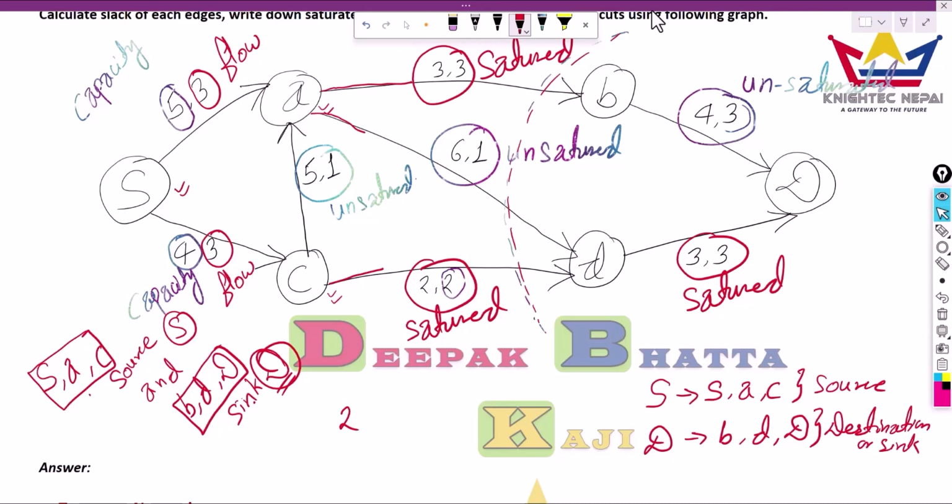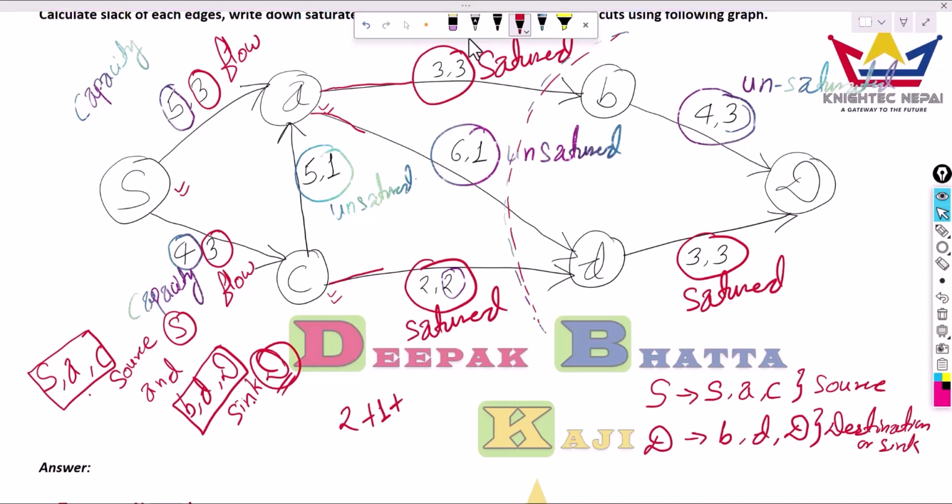So 2 plus 1, and observe this value, the flow value, that is 3. So clearly you have seen that we have a cut from this part, and from source to destination we have this outgoing edge, and this outgoing edge. So you need to write only the flow values, that is 3 plus 1 plus 2, that is 2 plus 1 is 3, 3 plus 3 equals 6, right?